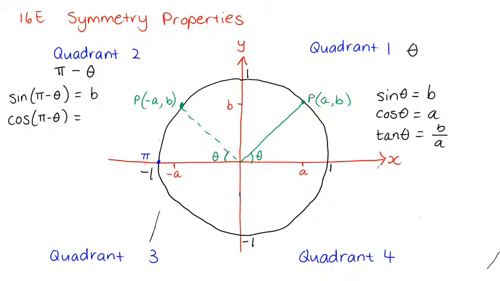Cosine of pi minus theta, negative A. And tan of pi minus theta, yeah, B over negative A. Oops, sorry about all the scribbles. So what we see is that sine actually stays the same as the first quadrant. Cosine just becomes the negative of the first quadrant. And tan also becomes the negative of the first quadrant.